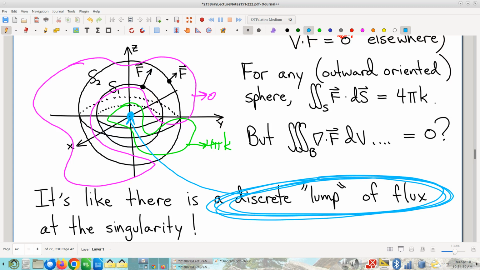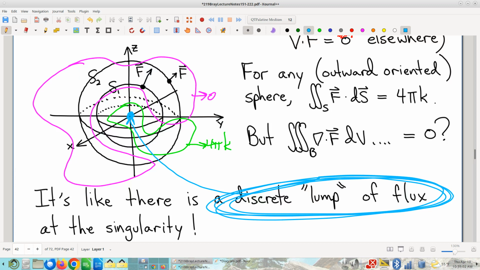Now keep in mind divergence is flux density. We like to think of flux as a stuff that's distributed in some sort of continuous manner over the interior. All I'm saying here, just a little bit different, is that flux is still a stuff, and this time I'm not viewing it as being smoothly distributed. I'm viewing flux as having a lump right there at the origin. Now let's think it through. Does everything make sense?